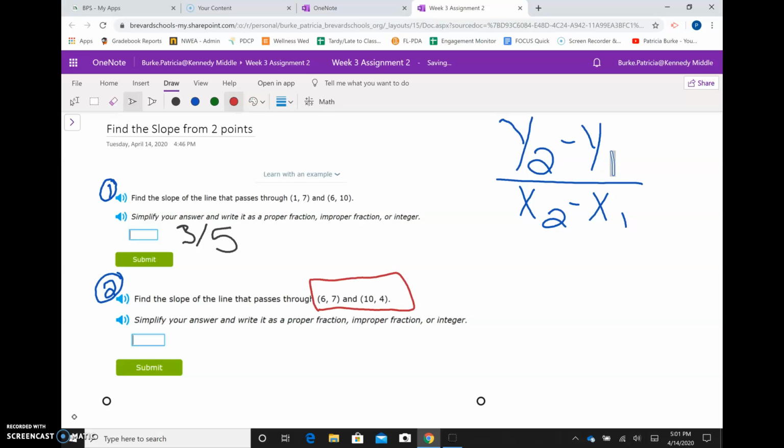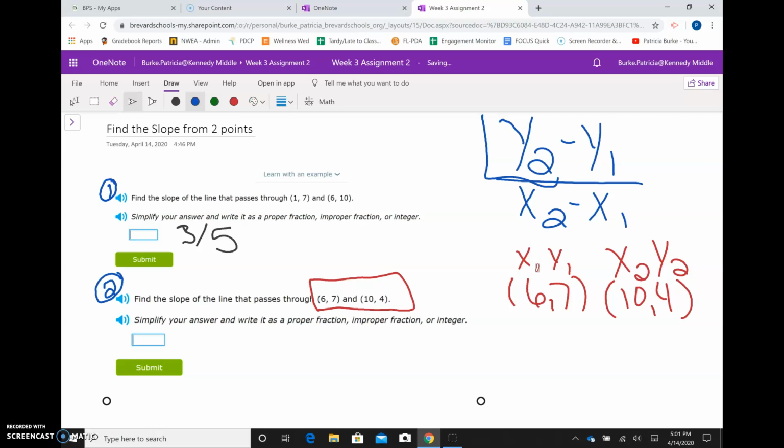So this is our problem here. Let's go with these. We have 6, 7, this is your x1 and y1, and you've got 10, 4, this is your x2, y2. Now let's plug these numbers in now that we have the right numbers. y2 is 4.